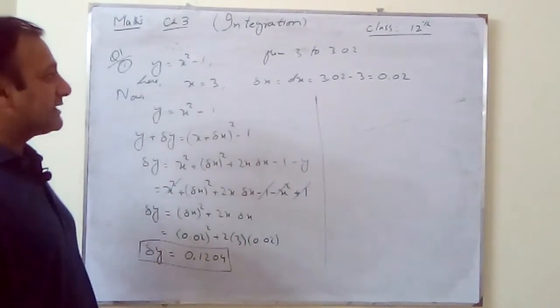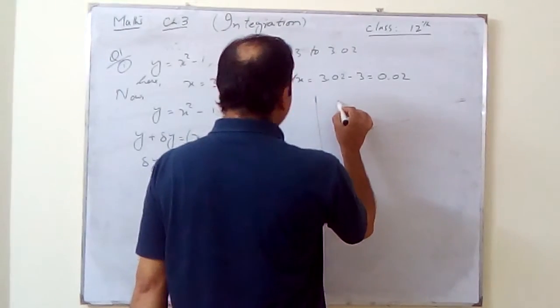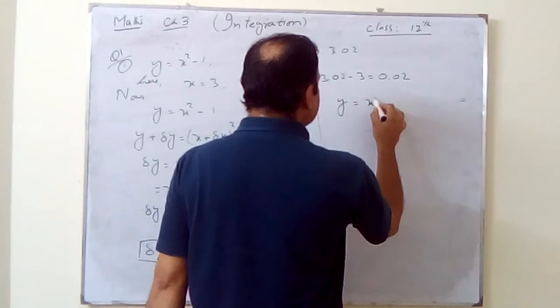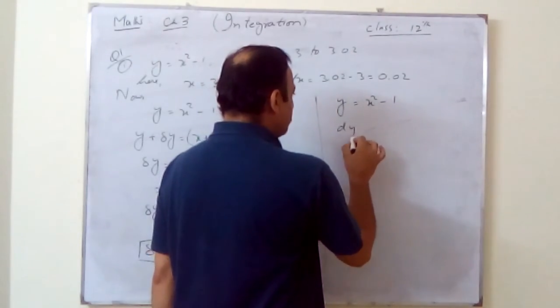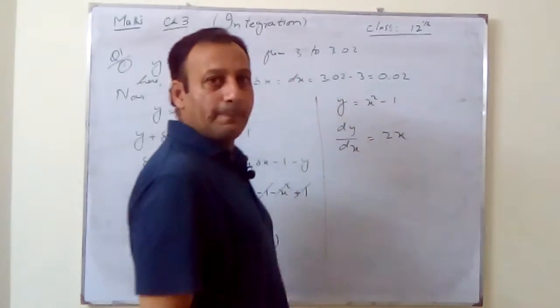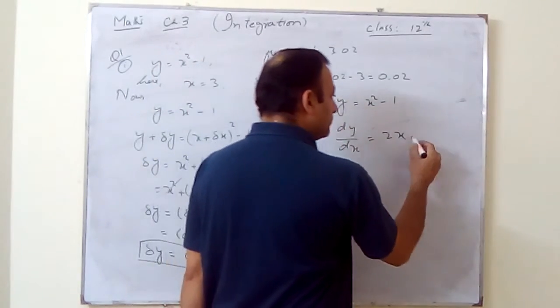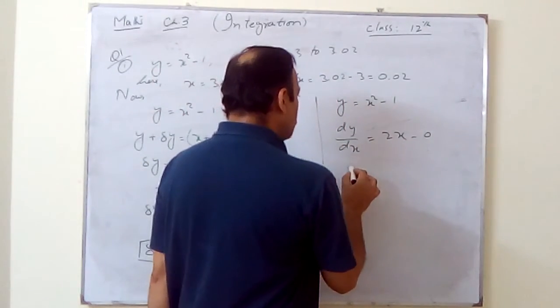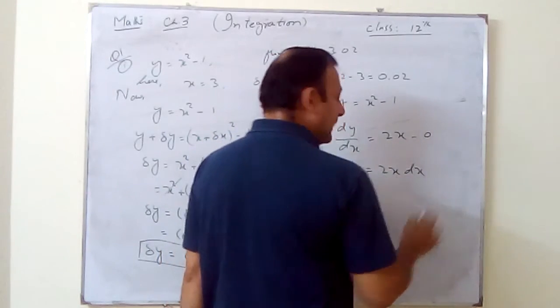In the question he is asking to find dy also. So for dy, y is equal to x square minus 1. There are two ways, but I am taking the derivative, so that is 2x. The derivative of x square is 2x, and of 1 is 0. So dy is equal to 2x into dx.